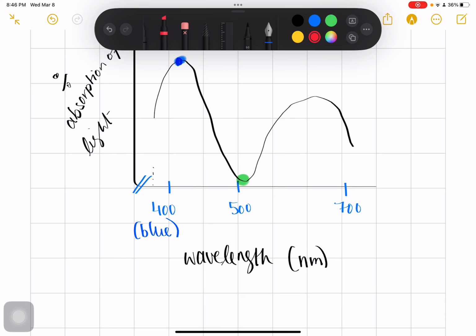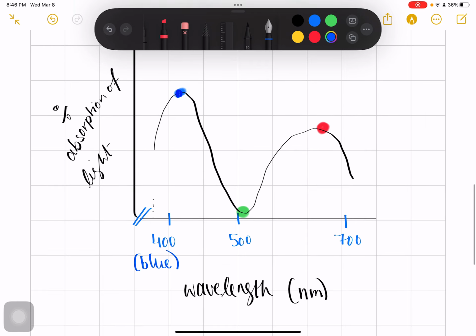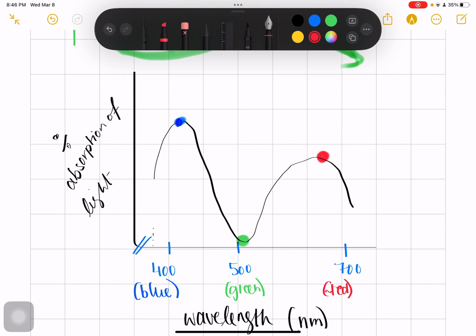Now, going back up to this other peak over here, we're around 600 to 750. 600 to 750 nanometers are associated with the color red. Let me just label this as green. We're going to label this as around red, so that's around 600 to 700 nanometers.